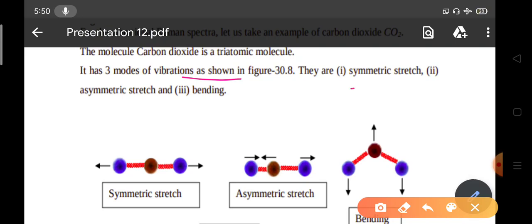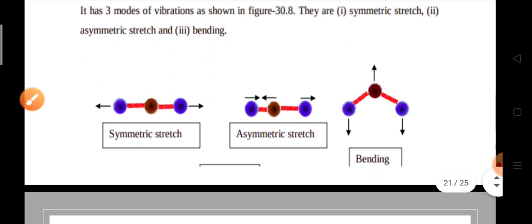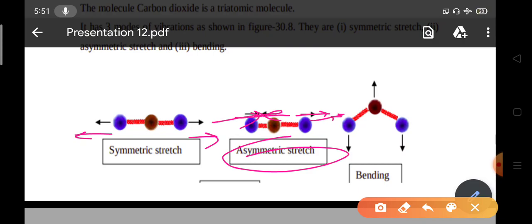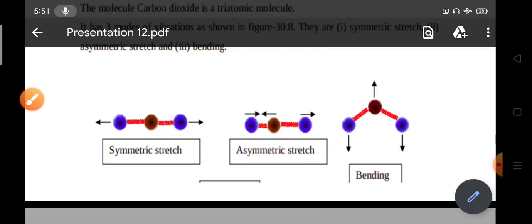And what are they? They are symmetric stretch, asymmetric stretch and bending. Suppose this is the symmetric stretch, both bonds are expanding or stretching. This is the asymmetric stretch where these stretchings are opposite to each other. One bond is compressing and another bond is stretching, and this is the bending.